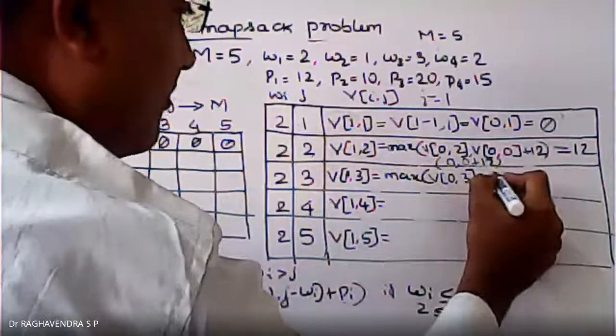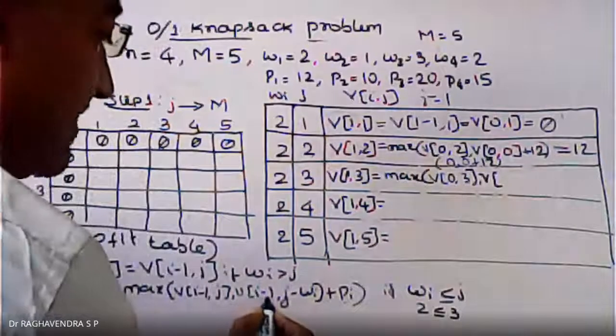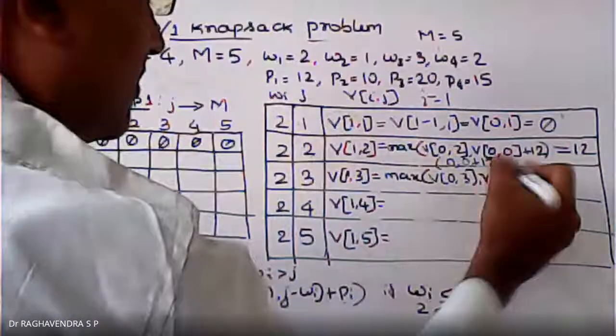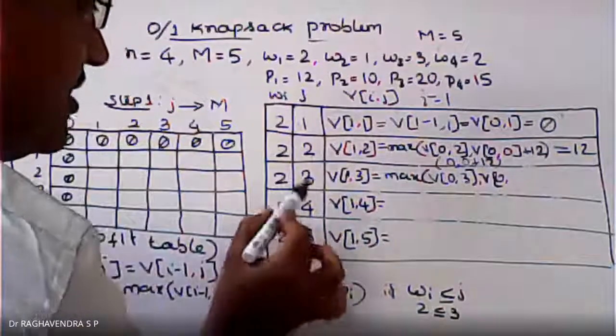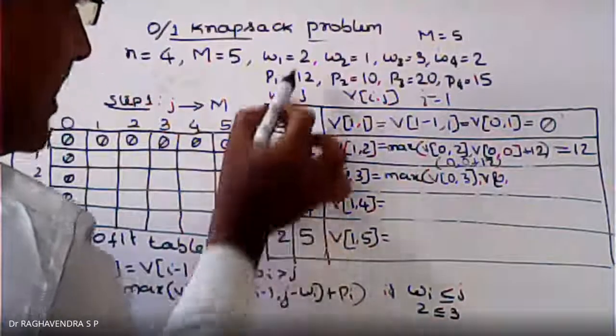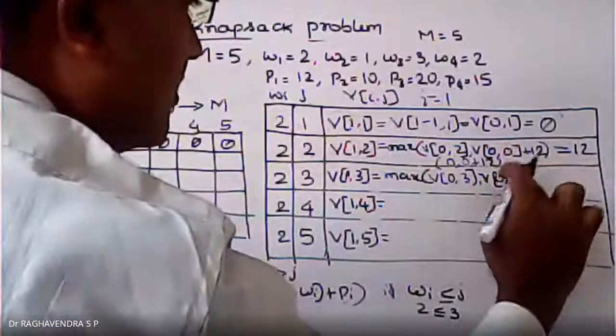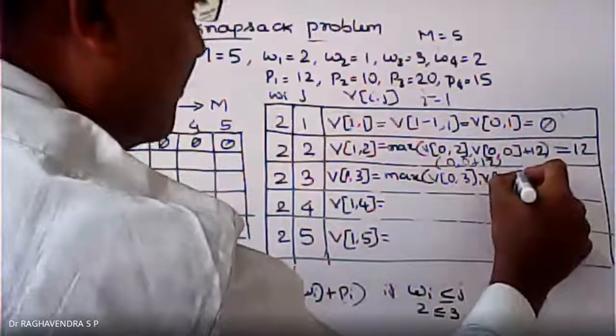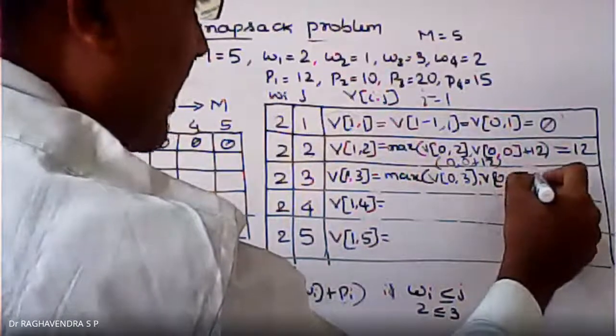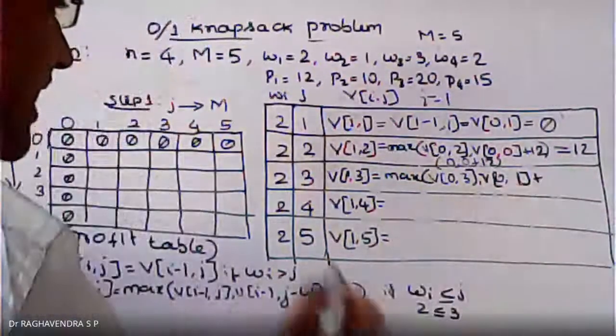Comma V of I minus 1, that is 0, comma J minus Wi. J is 3 minus the weight of the present object, 3 minus 2 is 1. Plus PI, that is 12.